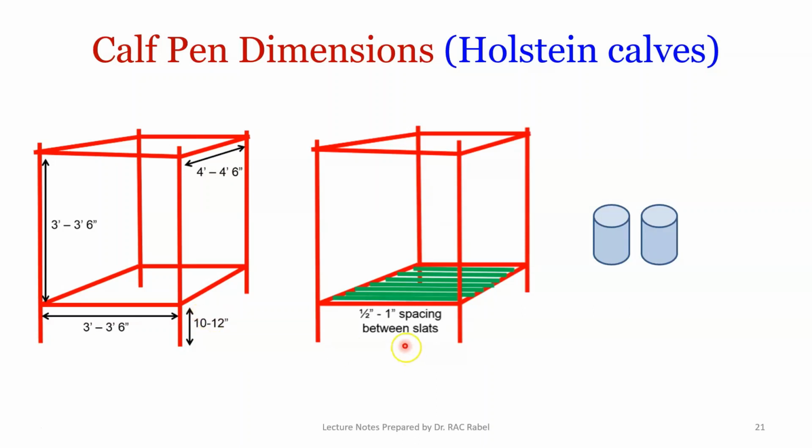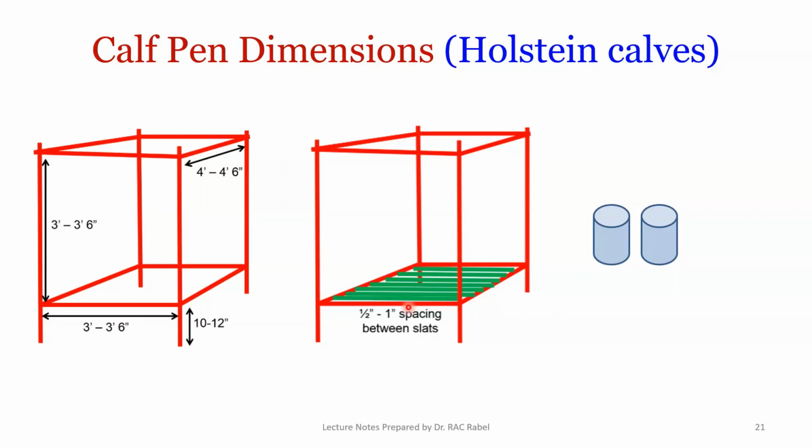So the floor should be made of slats. Slats are like reaper, right? So reaper are usually 2 inches wide, and I think it's half an inch or 3/4 of an inch thick. So you should not use wide planks or lally.